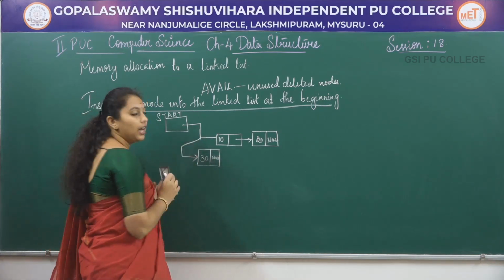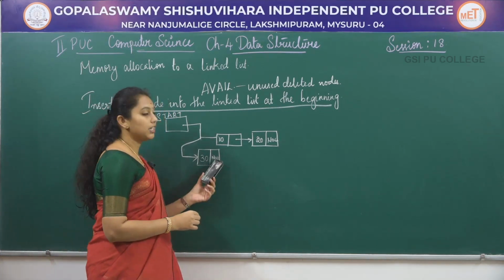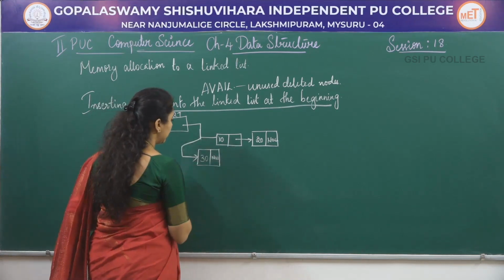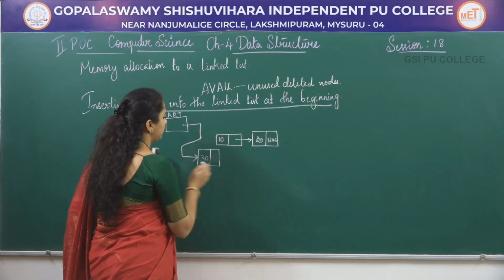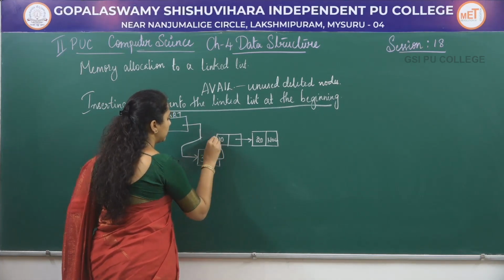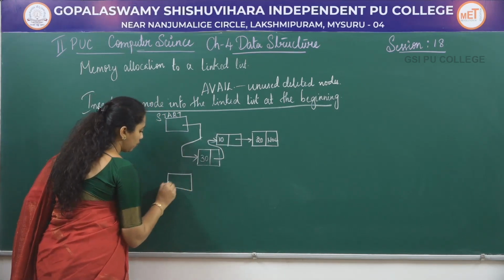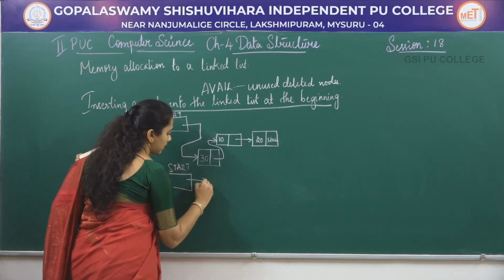Then what we have to do? In the link part we have to give link to the next node of the linked list. So now the new list will be like this.